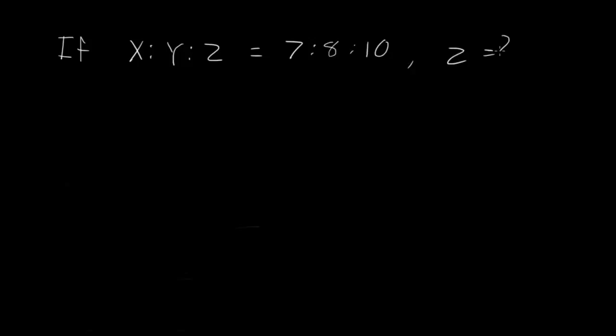For example, maybe our question stem is something like this. If the ratio of x to y to z is 7 to 8 to 10, what is the value of z?